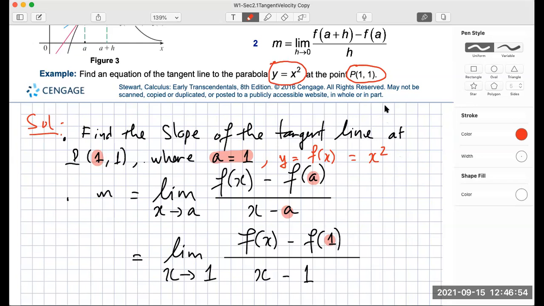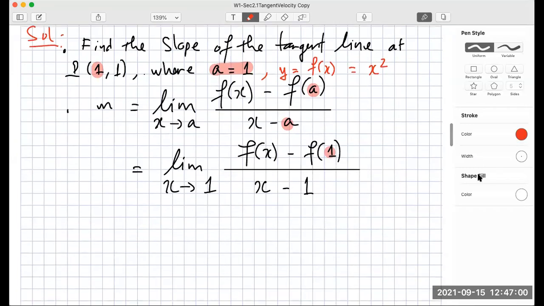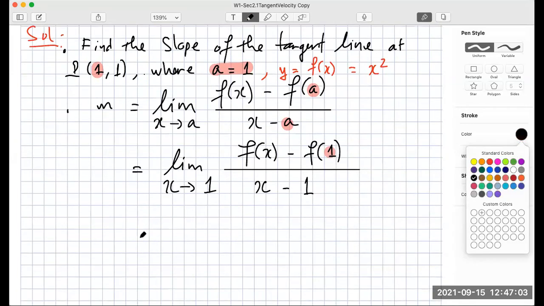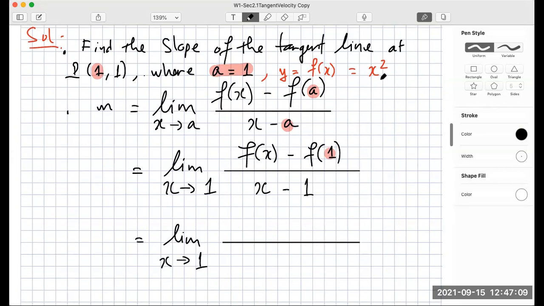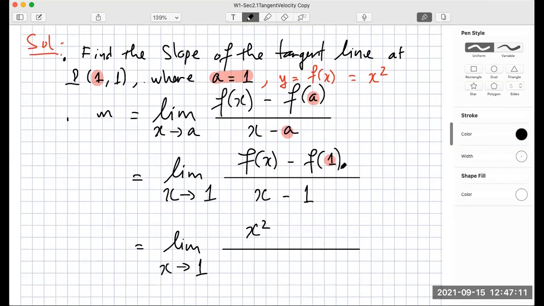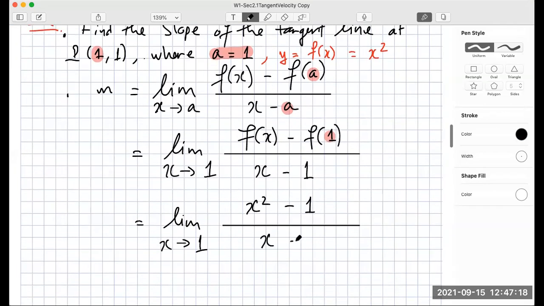Then we're given everything. Let us substitute here. It becomes an easier one, right? So then it will be the limit when x approaches 1. What is f of x here? Replace it. What is f of 1? Just 1. Very good. And the denominator, we just rewrite it here.